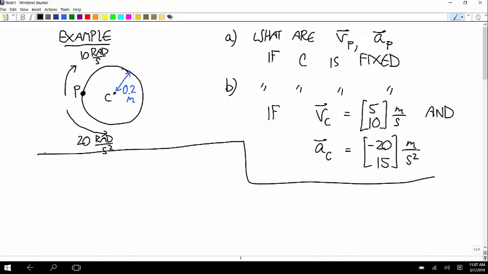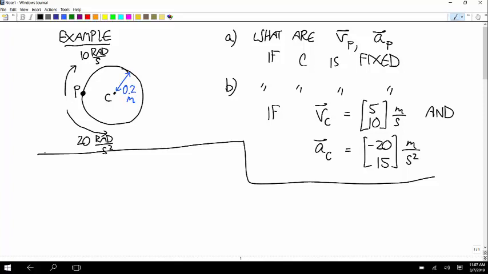If we call this x, this y, then z would be out. So you'd have an angular velocity vector of -10 radians per second in the z component. We're not going to do that, but when you go on to dynamics later, the people doing engineering will do it that way.